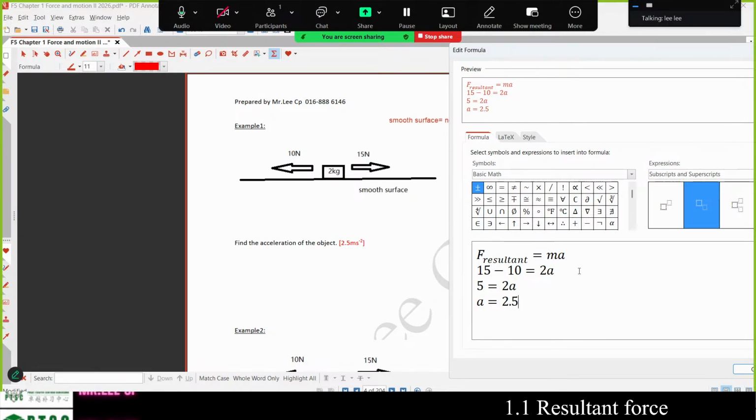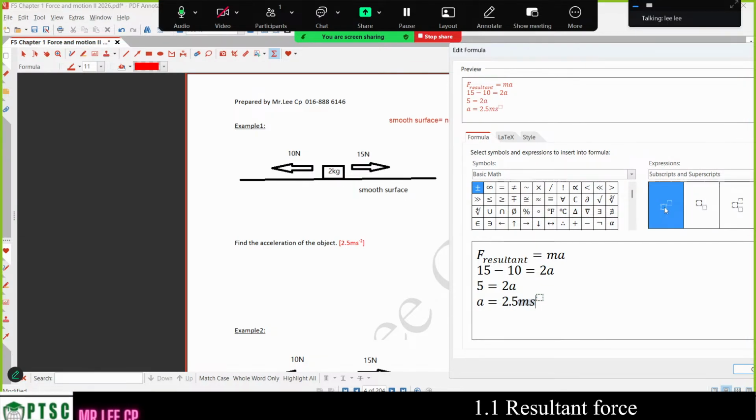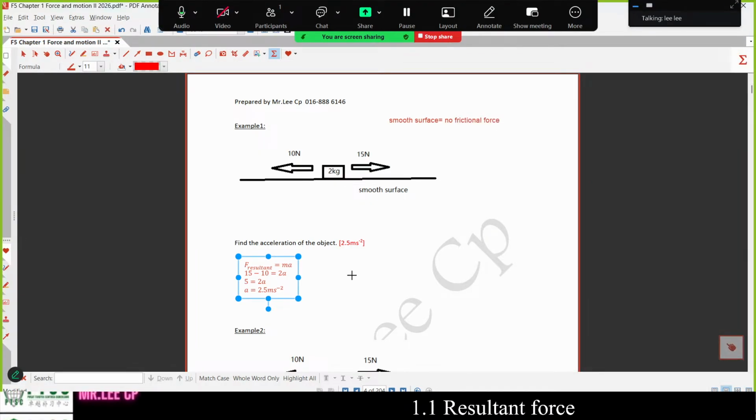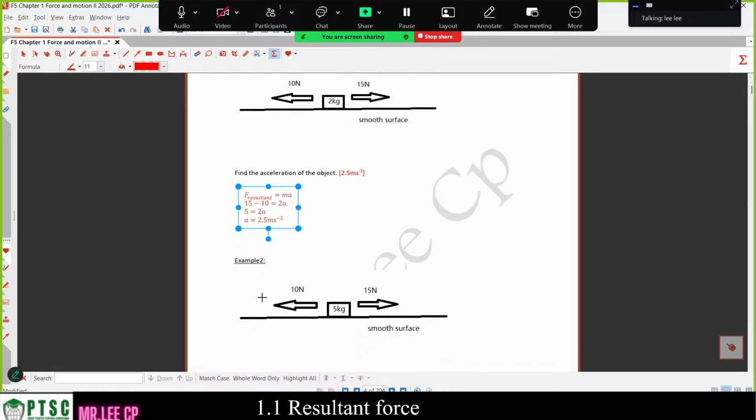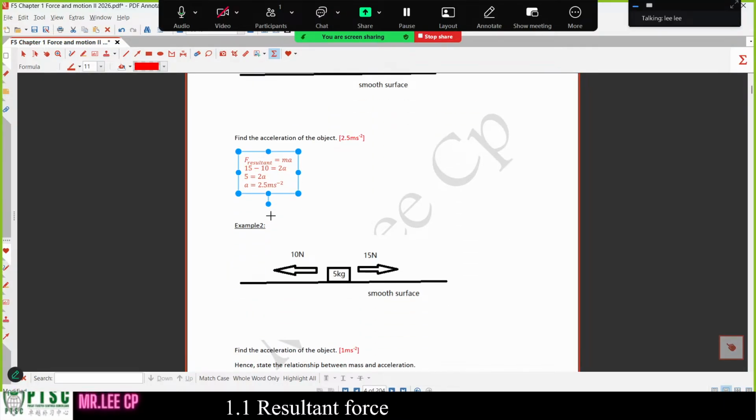What is the unit of acceleration? ms^-2. Make sure you write the unit correctly. If you don't, you will be short of 1 mark. They will deduct 1 mark here. F is equal to ma.